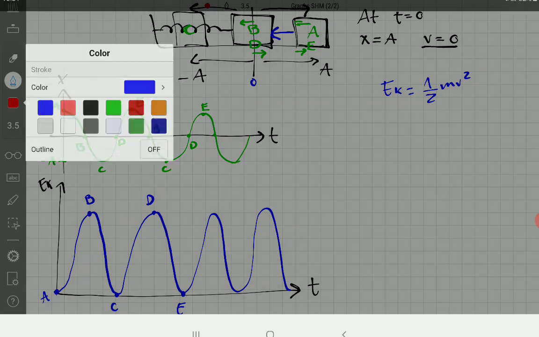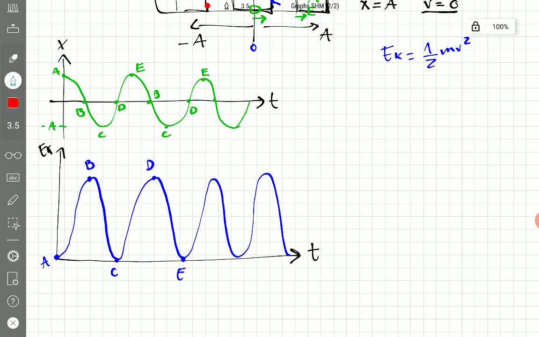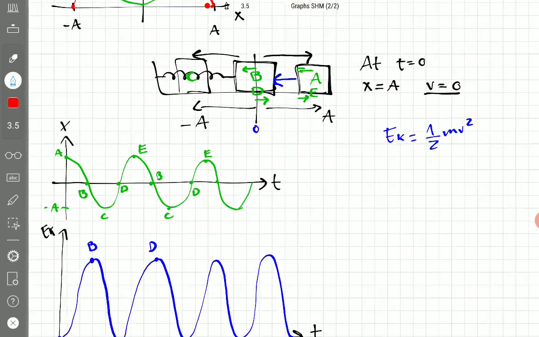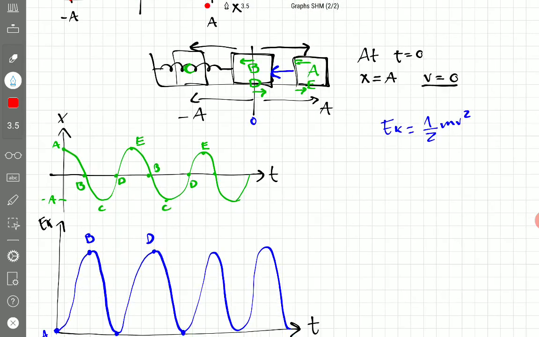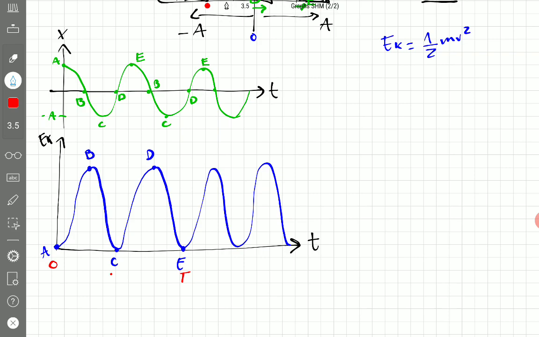So if I were to label the times here, this is time 0. Point E is 1 period, right? Point C is the second time it reached zero velocity, and that happens when it's on the other extreme of the oscillation. So this is T over 2, this will be T over 4 when it reaches the maximum, and then 3T over 4 when it reaches the other maximum.